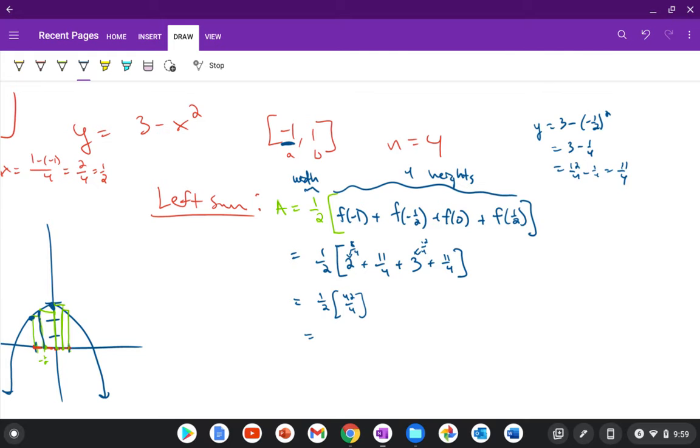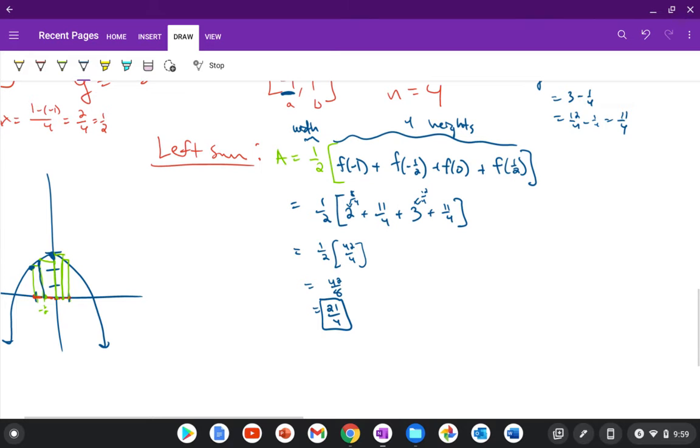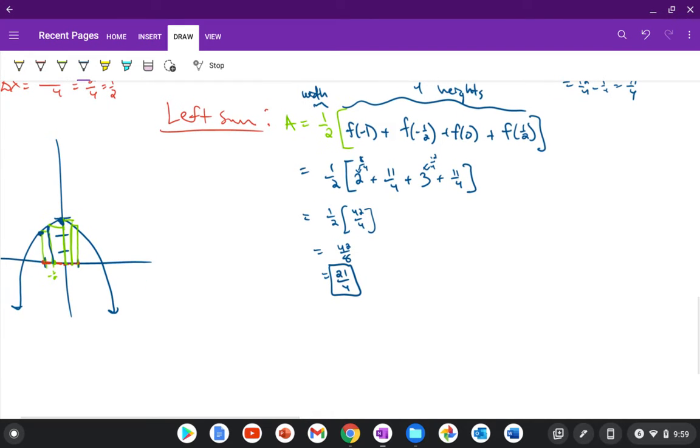Hopefully. Just double check that. Yeah, it should be 42/4. All right, 42/4, and then times a half would be 42/8, which would reduce to 21/4. And that's, again, the way that you should write that on the AP test.